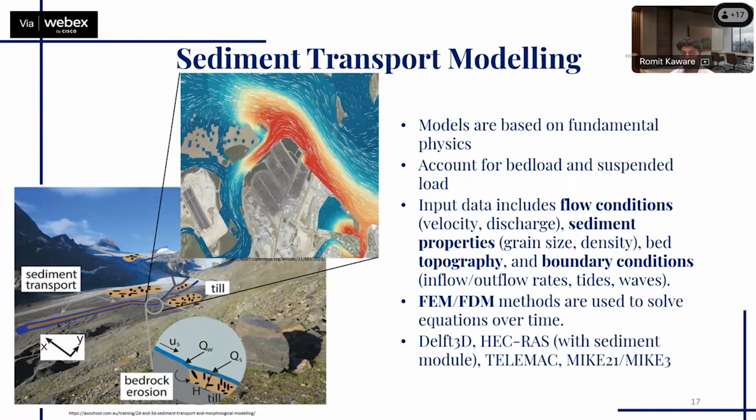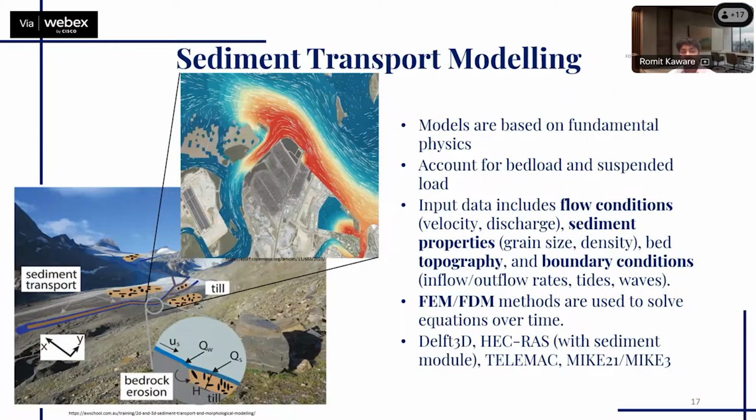Now, when I talk about the two new dimensions of sediment management, the first one is sediment transport modeling, where we take in various input parameters, like the sediment type, the river flow conditions like velocity and discharge, the sediment properties, the bed conditions, the bed roughness or slope, and the various boundary conditions.